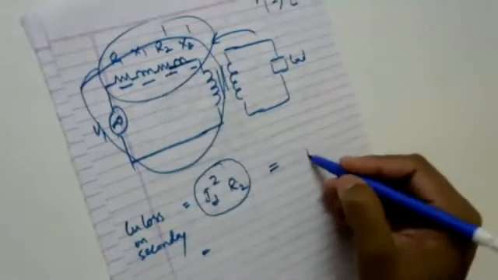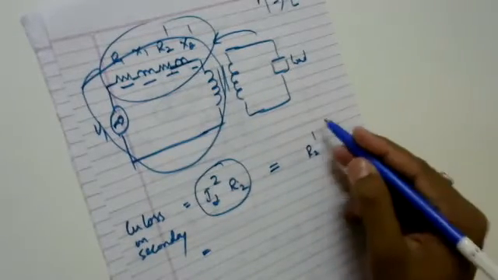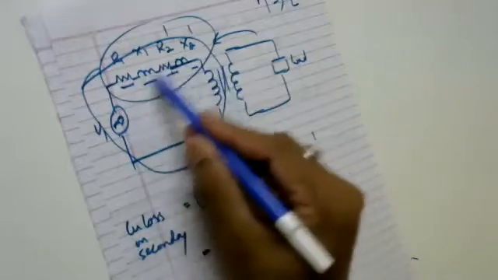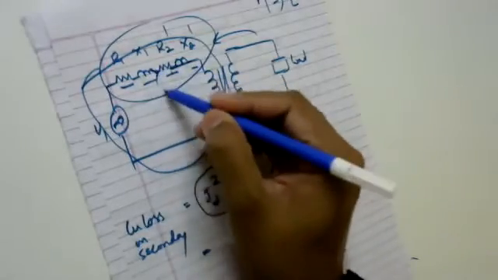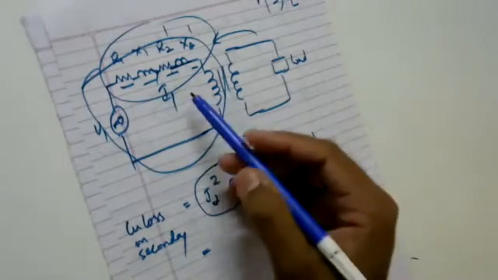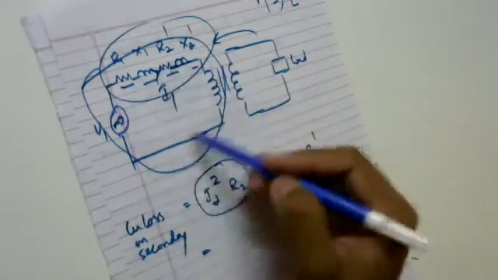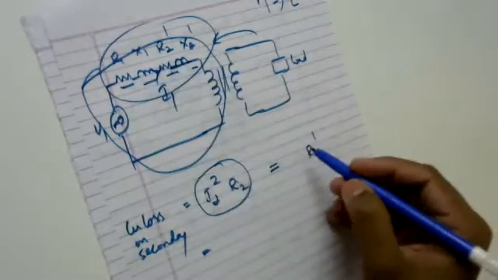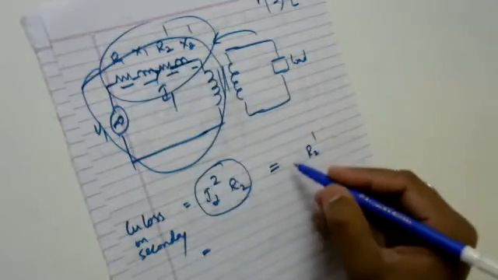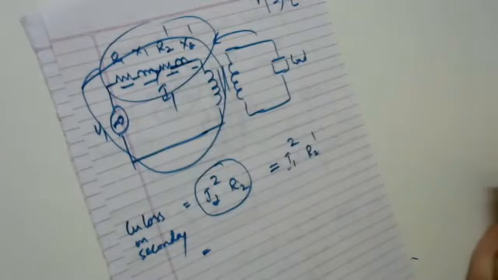So it is R2 dash, nowhere R2 now. The current that flows in this primary circuit is the current I1. So I2 square R2 should be equal to I1 square R2 dash.